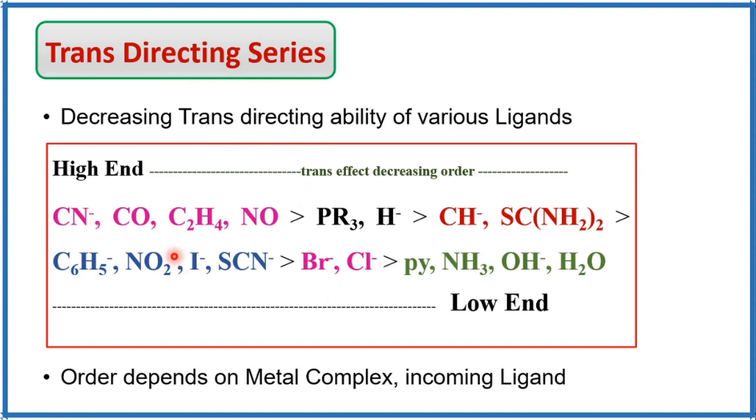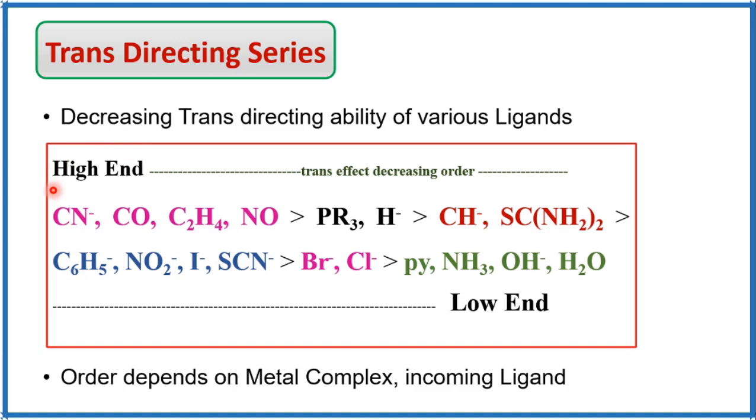If we arrange various ligands according to their trans directing ability, the ligands placed at this end, like CN minus, CO, C2H4, NO, are called high-end ligands.